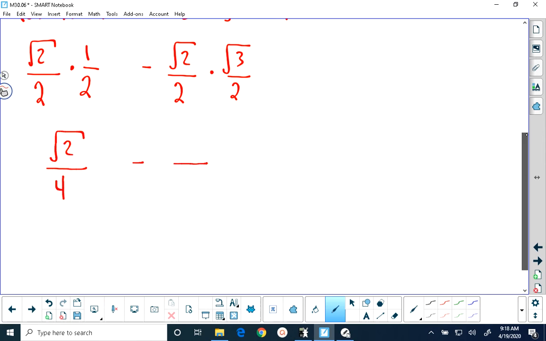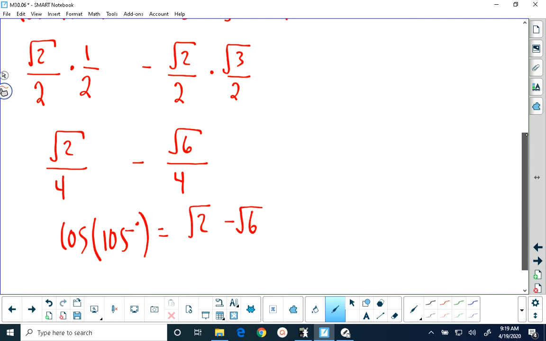Minus, the same thing goes here. We multiply across the bottom. And when you multiply across the top, root 2 multiplied by root 3 is root 6. We've got a common denominator, so the answer to this question is that the exact value of cos of 105 degrees is equal to root 2 minus root 6 all over 4.